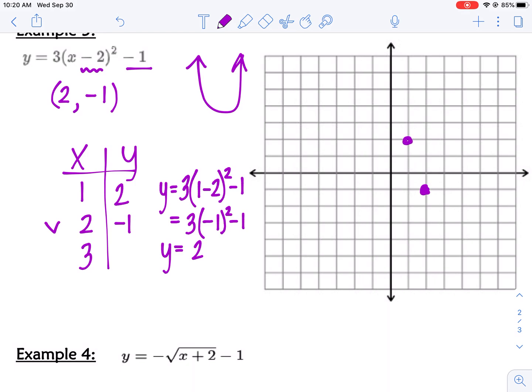If I plug in 3, pause the video, tell me what the y value is. Hopefully you paused it and you tried and you get 2 as well. Make sure you graph a nice curvy shape, a nice U shape, because it's a parabola.